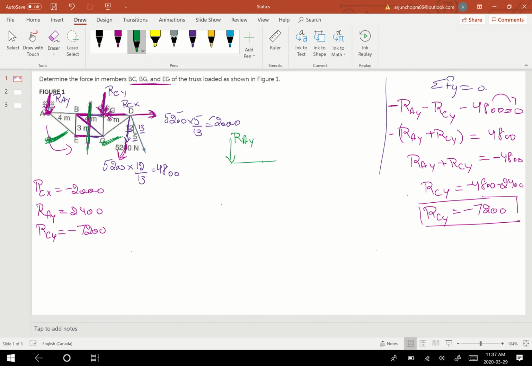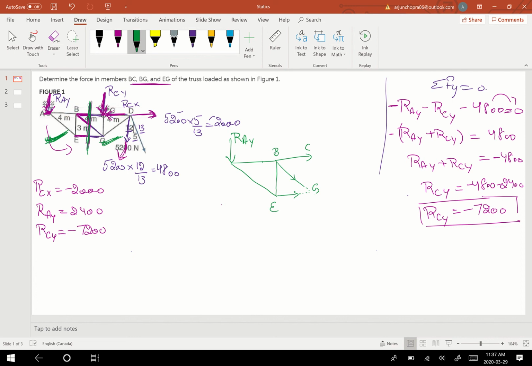It will be like this, and this is BC, and then this is BG, and then there is something in this direction which is E. If I join the dotted line, this will be G again. So I want to find the forces in these members.